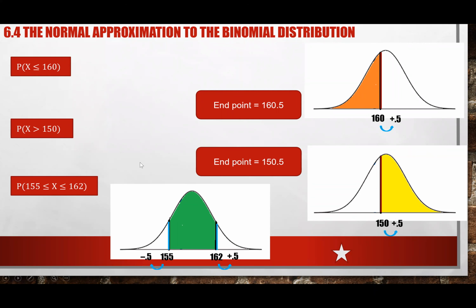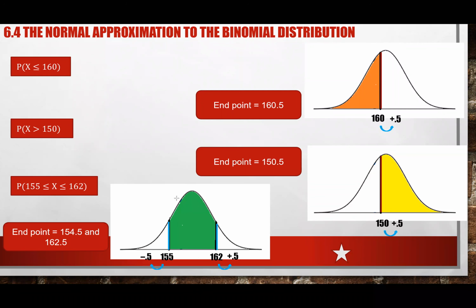Okay, so again, this is because I want to increase, I want to make this region bigger. Okay, because again, the green region below is smaller, right? Again, I just want to extend this region a little bit bigger so that I can include the 155 and the 162, right?